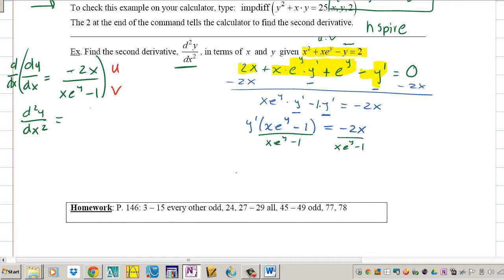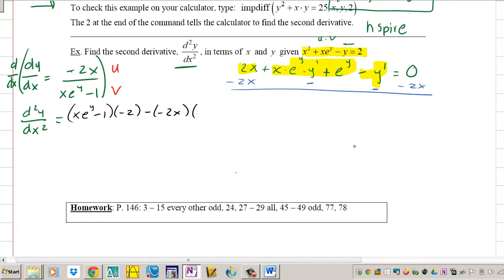Let's do the bottom times the derivative of the top, minus the top times the derivative of the bottom. I need some space, so hopefully you guys already have the notes down. And if you don't, well, you should, but make some space for this part.